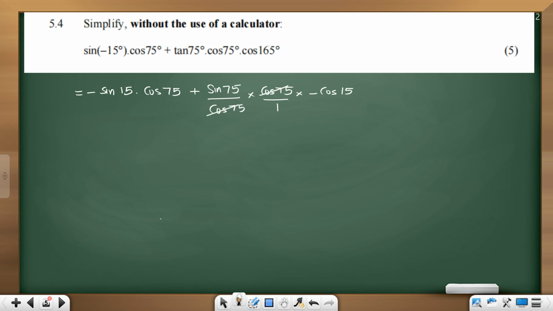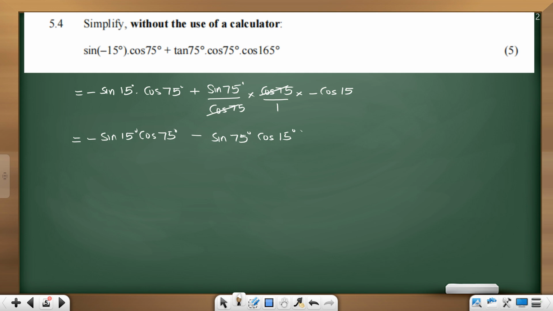Okay, that goes. Let's simplify. What do I have? Negative sine 15. I want you to see something here quickly. Let's put our degrees. Now, what do I have? Plus sine 75 degrees. Oh, it's going to be a minus now because we're multiplying, remember? Positive times negative. Okay, cos 15. For those in grade 12, they can start working with compound angles.